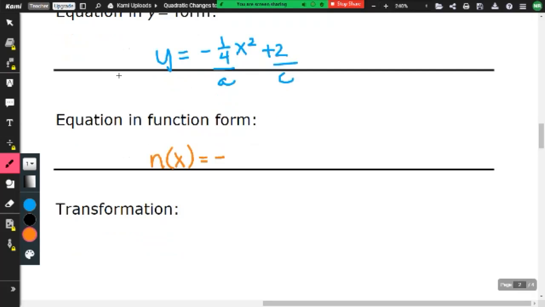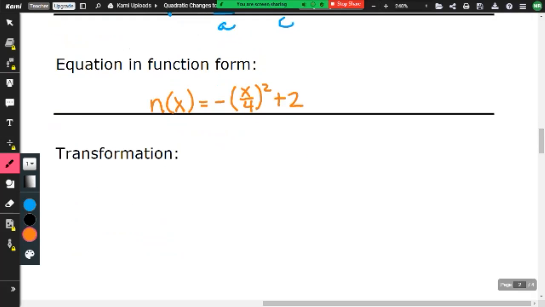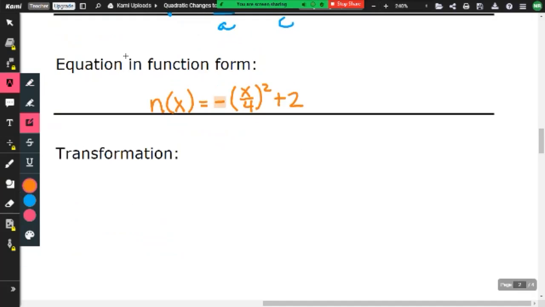The negative is going to stay on the outside, but how do I write the inside of this? X over 4 squared plus 2. Once again, you're looking at 3 different changes because A is responsible for 2 different things.